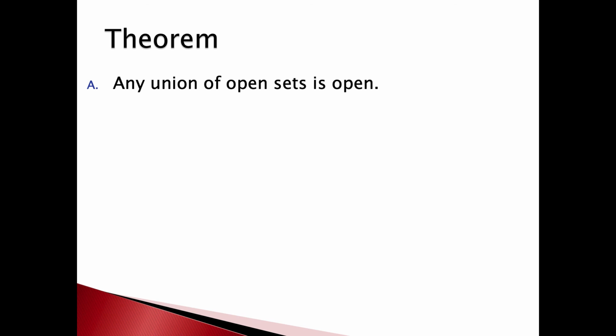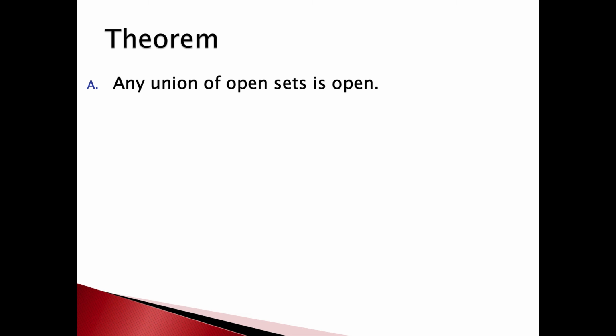This is not difficult to prove, because what does it mean for sets to be open? It means that every point's an interior point. That's one way to say it. And so an interior point means there's a little neighborhood around me which is also in the set. Well, suppose you have a bunch of open sets, and every point inside each of those individual open sets has a little neighborhood around it which is contained in its original open set.